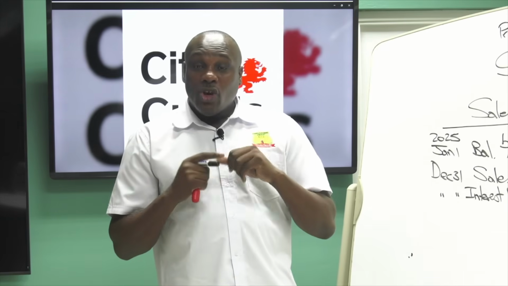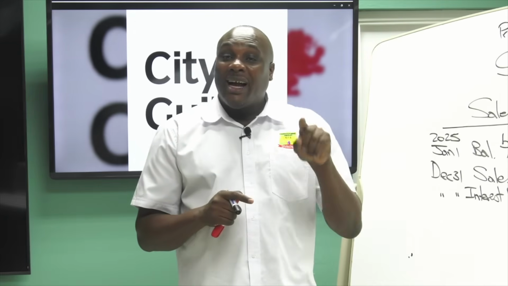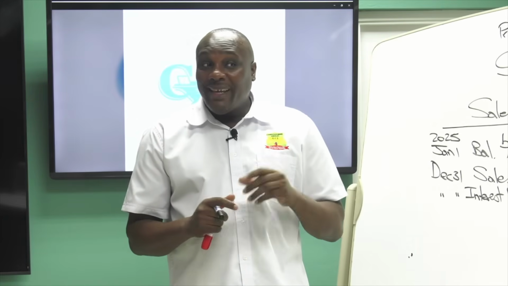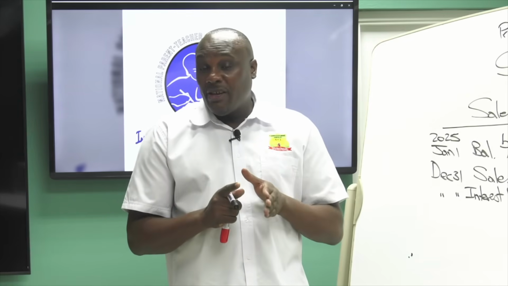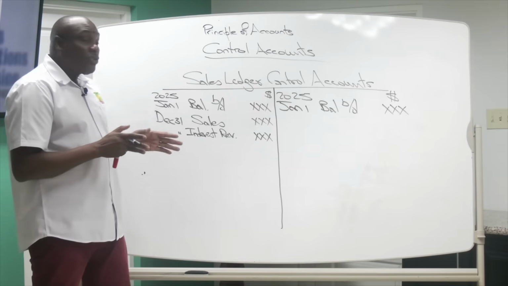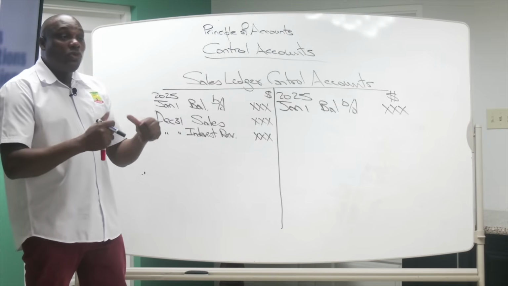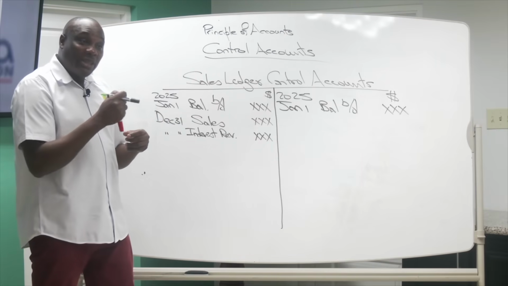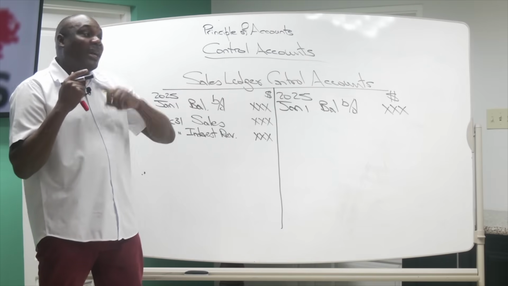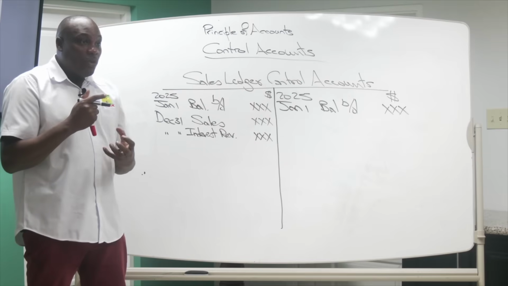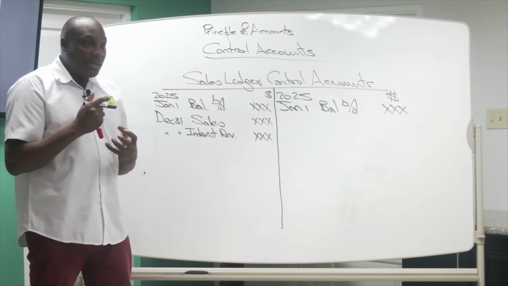You, the business, will charge the customer an interest on the amount which they owe you if they do not meet their obligation. So hence, interest revenue, because it's a revenue to you, the business. It's not you, the business, being charged, it's you, the business, charging a customer. So hence, you will be collecting that revenue from the customer in interest.